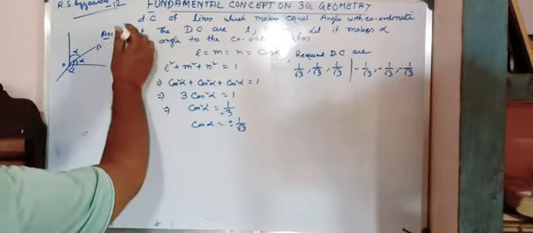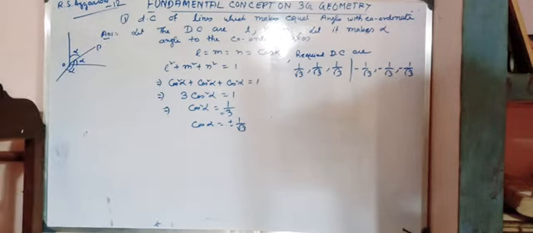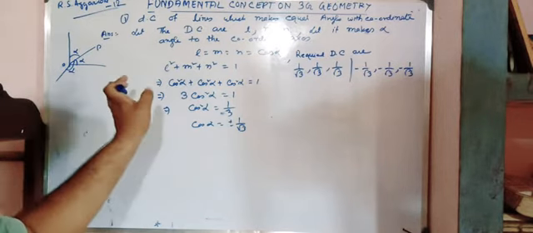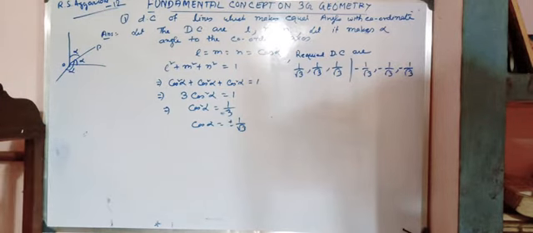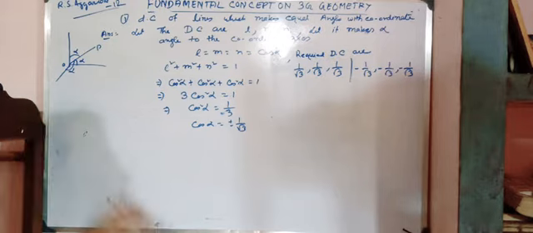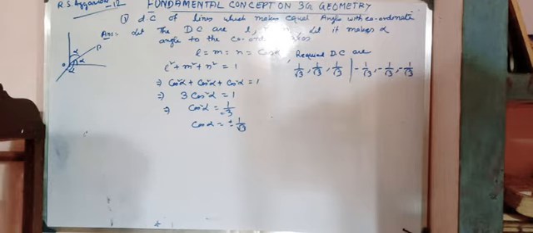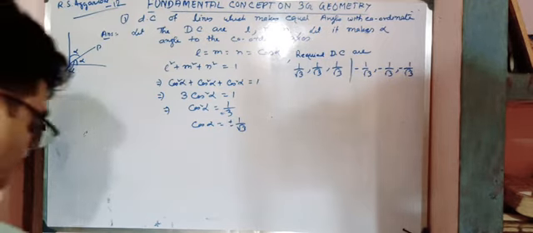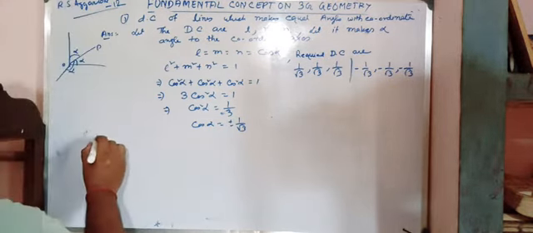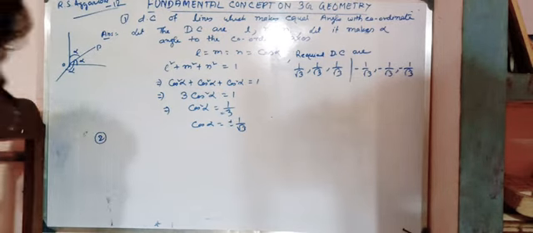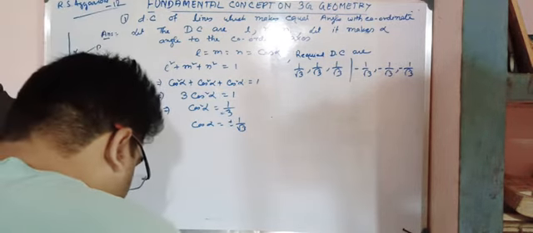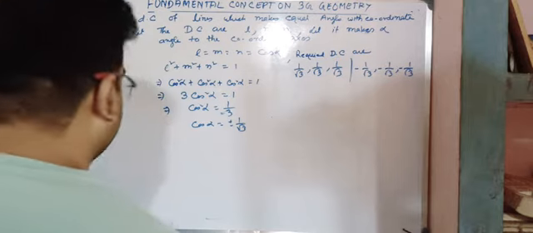This is not from the exercise; it is a preliminary idea from the examples of the R.S. Agarwal math book. After completing that, we should definitely start the exercise. Here is one more question, example number 2.